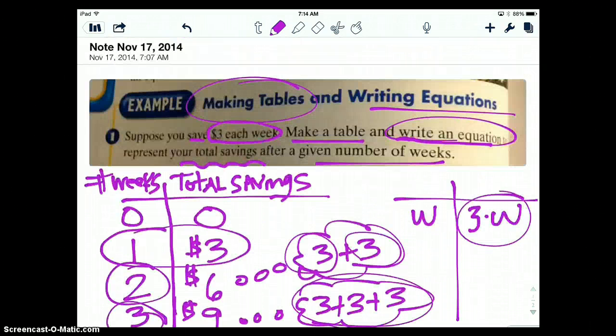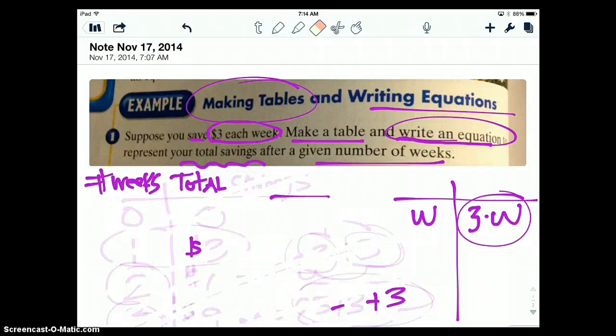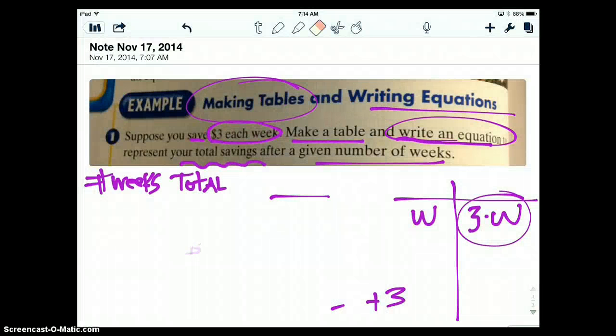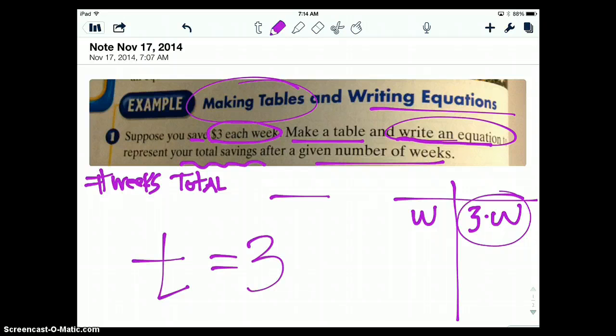So let's say 3W, so I'm going to erase some stuff so I can write on here. 3W equals our total, so I'm going to say total savings equals 3 times W. Or I don't even need the dot there. And it could just be 3W. And this models my savings after a given number of weeks. Cha-ching.